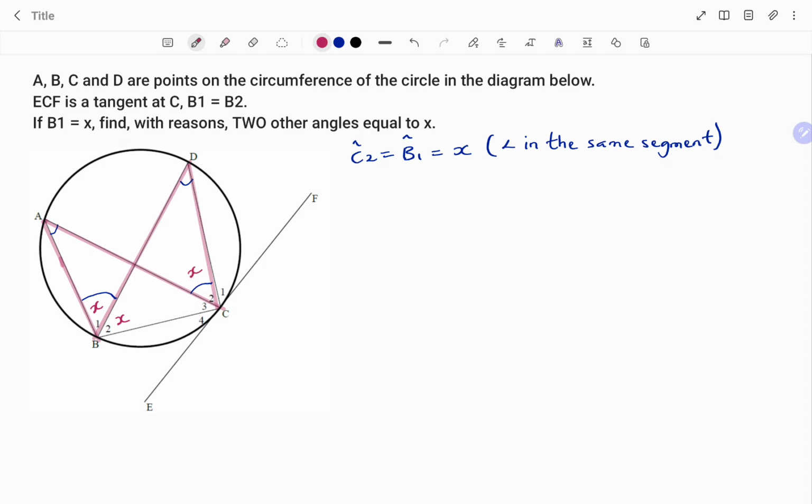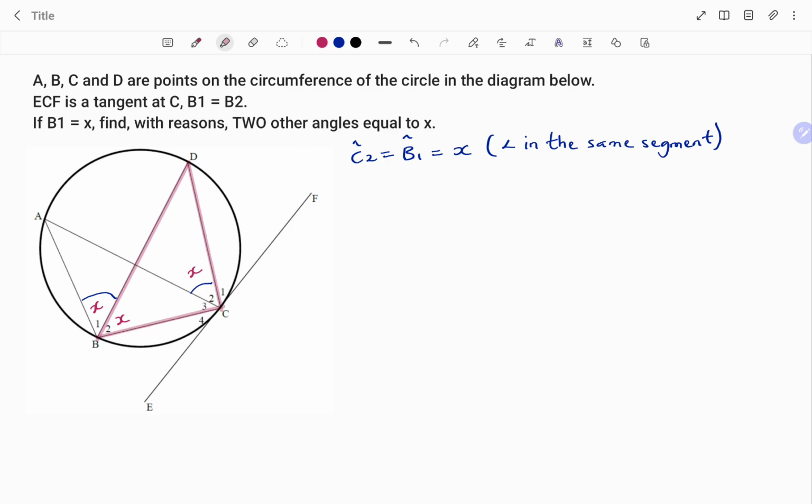I need to find another angle equal to x. Taking out my lines again. Highlighting my triangle BDC.